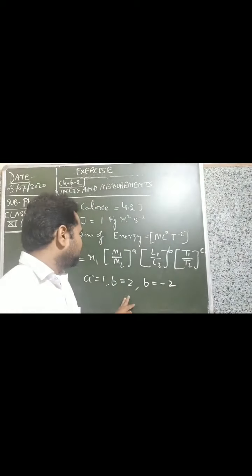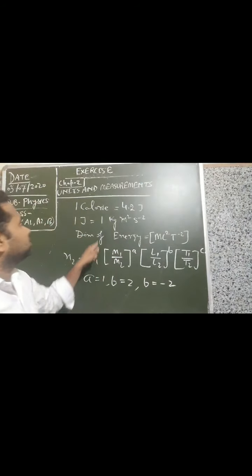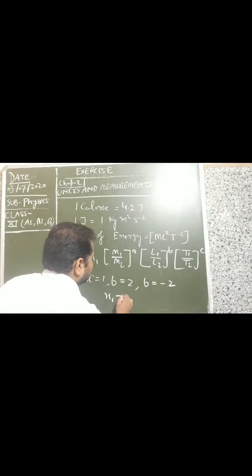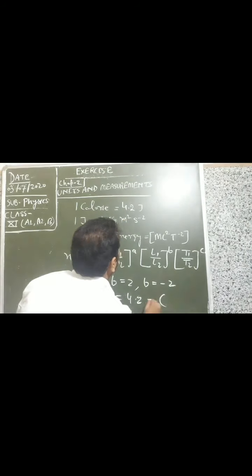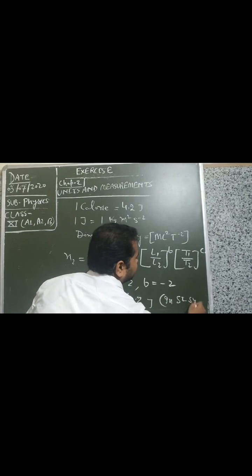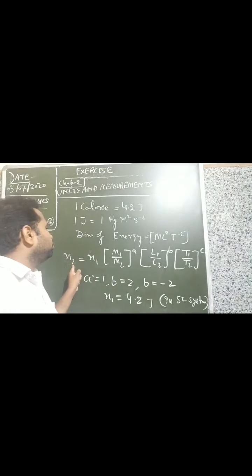So we have a, b, c. And now what about n1? n1 is given, that is 4.2, in the SI system, 4.2 joule, or you can say the MKS system. We have to find the value of n2.